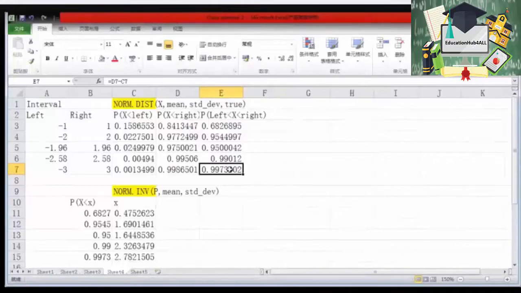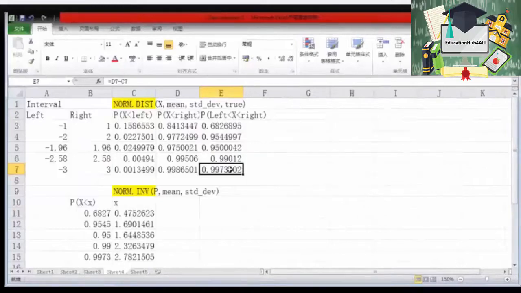So this value actually is used in statistics. In quality control, they call it the 3 sigma principle. If for any distribution we do some centralization and standardization, this can be treated as 3 times the standard deviation, or 3 sigma. The variance is sigma squared, and sigma is the standard deviation.